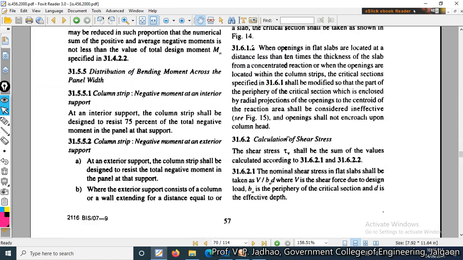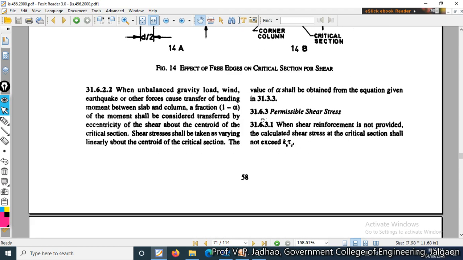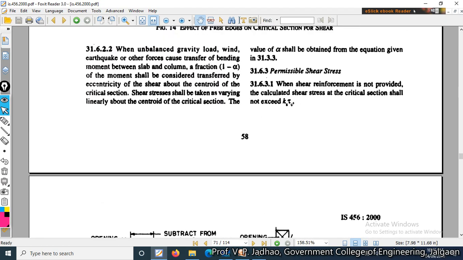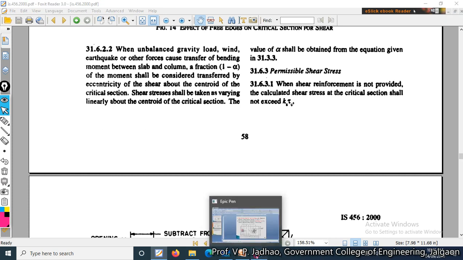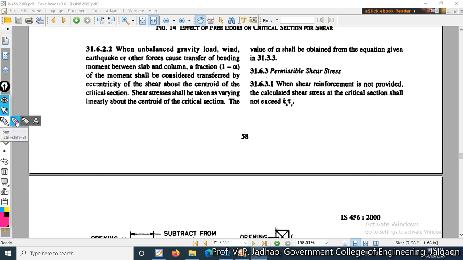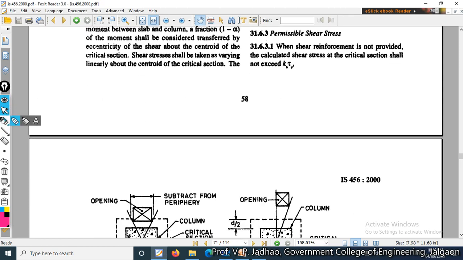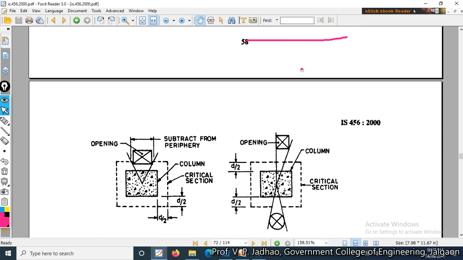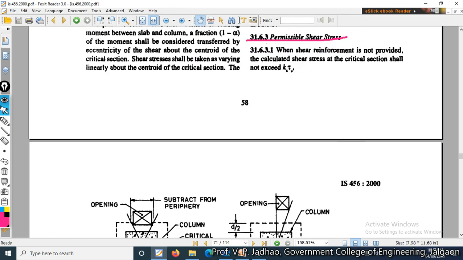This is 58, the permissible shear stress, 31.6.3. In this it is given that the value of permissible shear stress should not exceed this value, that is Ks into tau c.